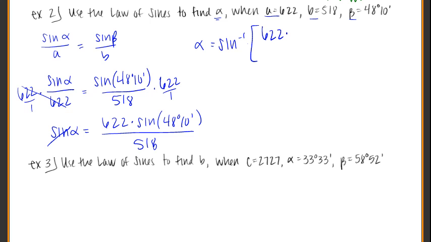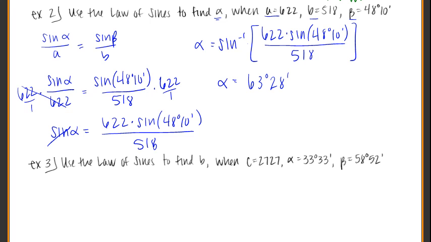So 622 times the sine of 48°10' all over 518. So let's plug this into our calculators. It's looking like we're working with three significant digits, so this time we're definitely going to want to use degrees and minutes. Okay? And with this I get 63 degrees and 28 minutes.